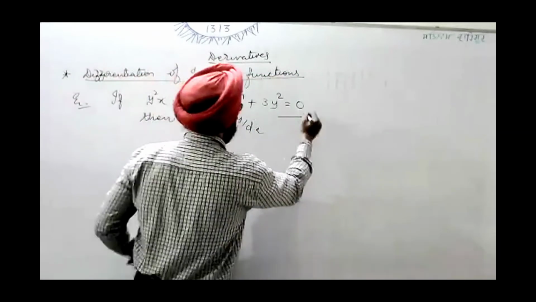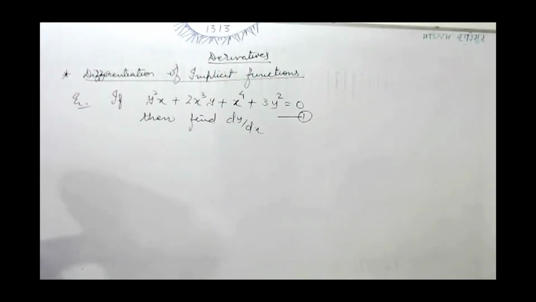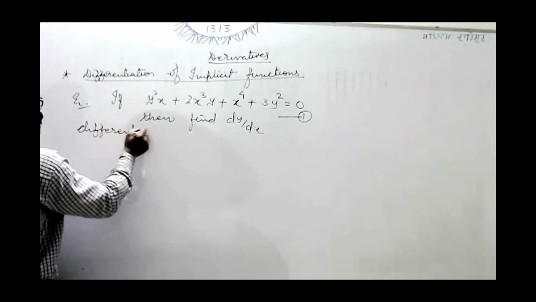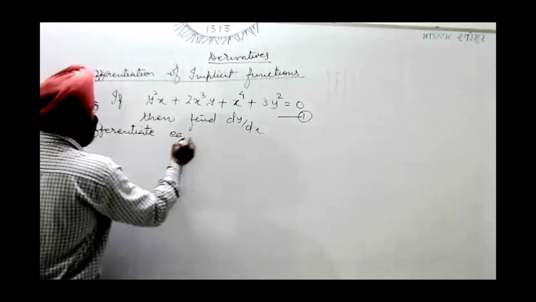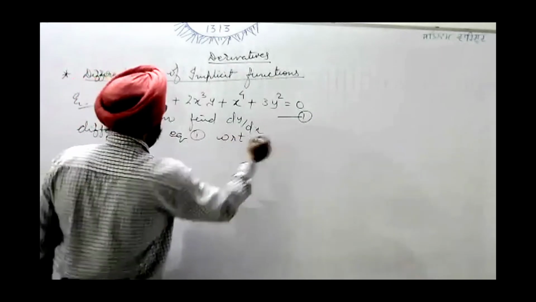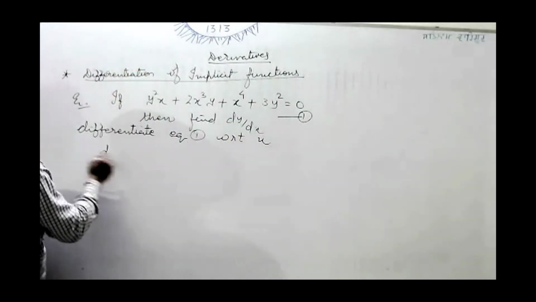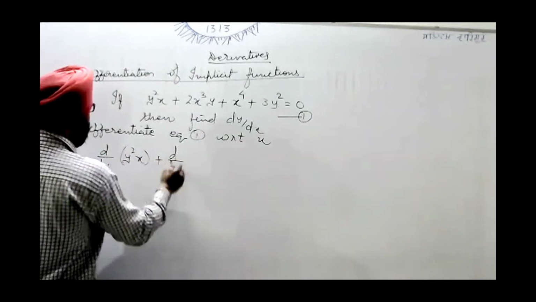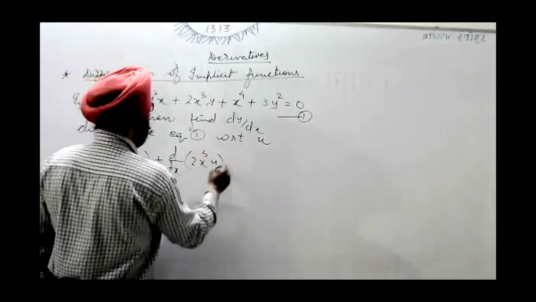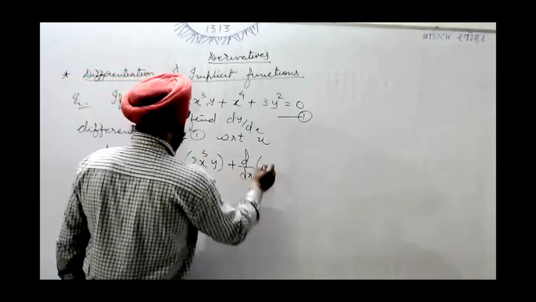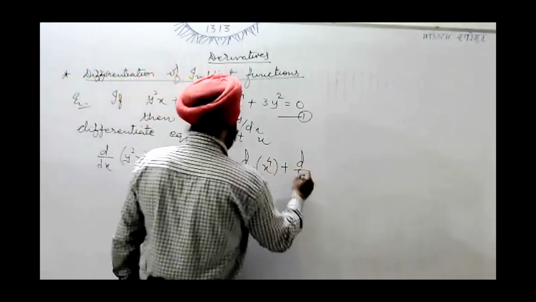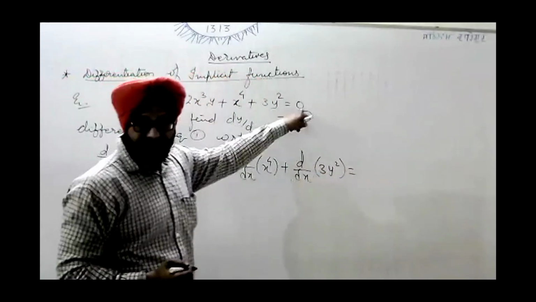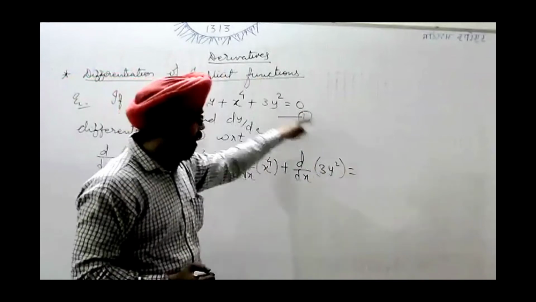Mark this as equation number 1. Given relation. Differentiate equation 1 with respect to x. First term d by dx of y square x, d by dx of twice of x cube y, d by dx of x to the power 4, d by dx of thrice of y square equal to, obviously right hand side is 0 or a constant, so differentiation will be 0.